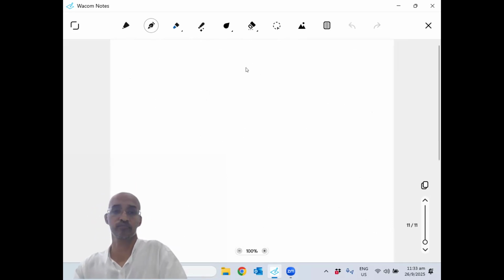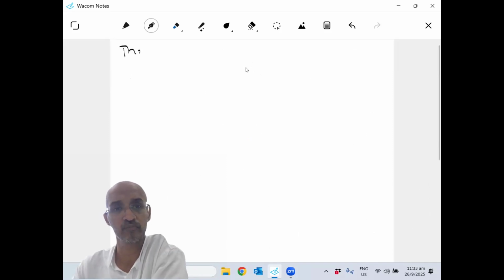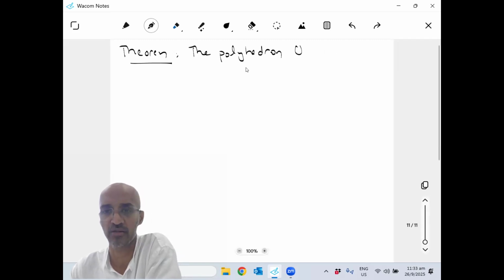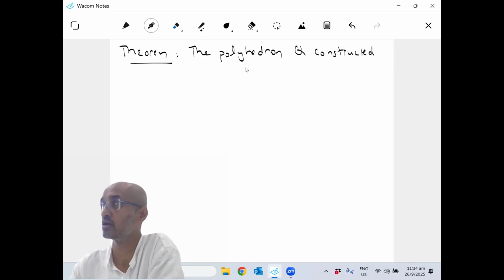The claim is, so the theorem is, the polyhedron Q returned or constructed. So those 2 steps are the Fourier-Motzkin algorithm, okay?